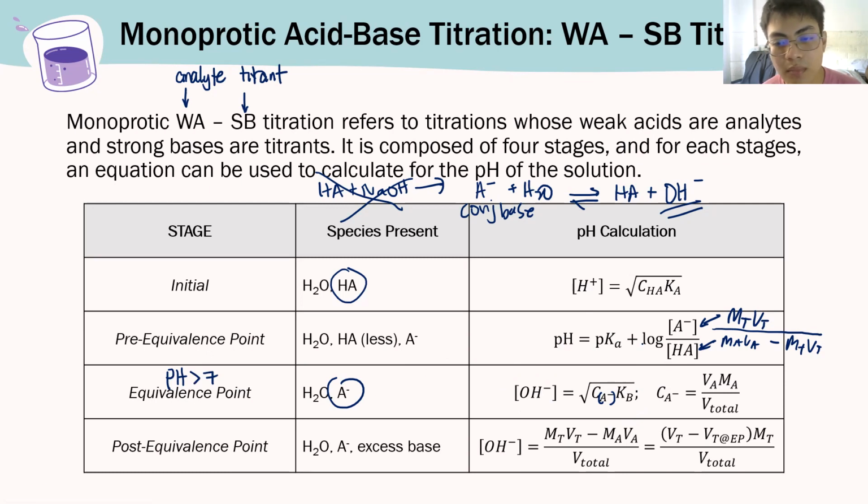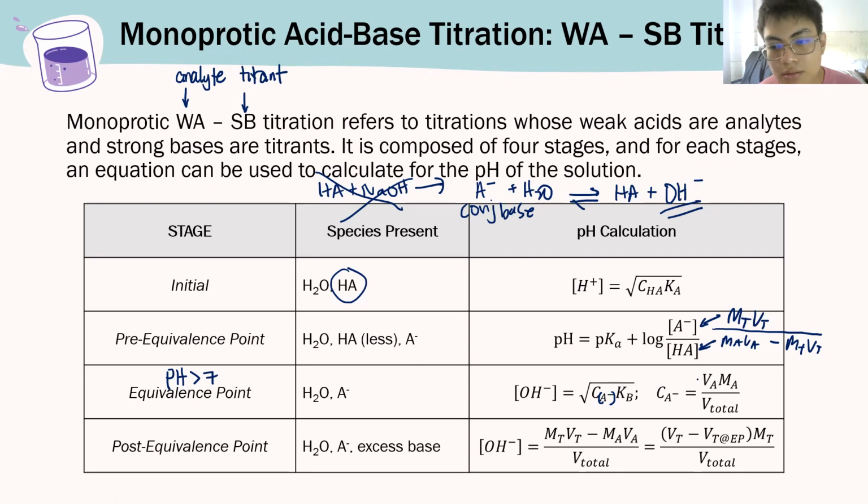So you will solve for it. Now, how do we get the concentration of the conjugate base? Where does the conjugate base come from? From the titrant. But again, this is the equivalence point, which means the amount of the titrant is equal to the amount of the analyte. So we have two equations here.